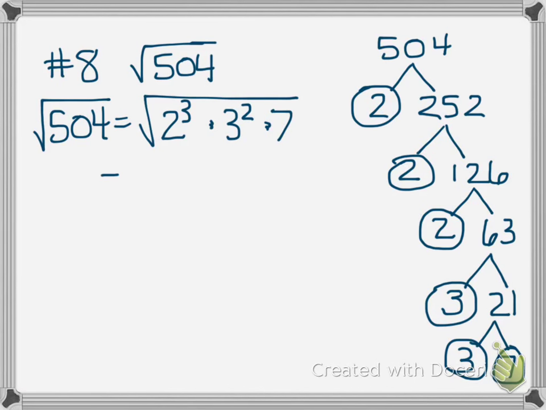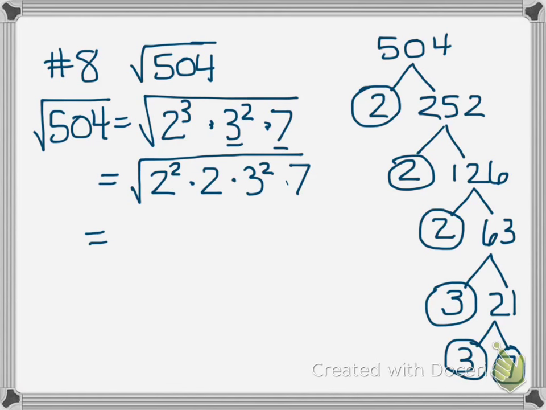All right, so what I want to do is arrange these into all the perfect square factors. There's nothing I can do with 7. 3 squared is already a perfect square, so I'm just going to rewrite 2 to the 3rd power as 2 squared times 2. And I still have 3 squared times 7. Okay, so now I can break these apart.